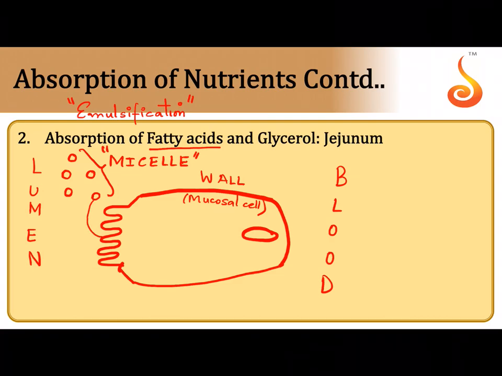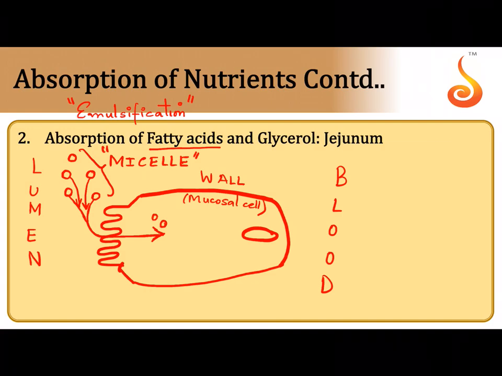Now the micelle is absorbed into the mucosal cell. It can enter because the micelle has a coat of hydrophobic molecules which are readily soluble in the plasma membrane, so on their own, without the help of any carrier protein, they can cross the cell membrane and enter into the cell.